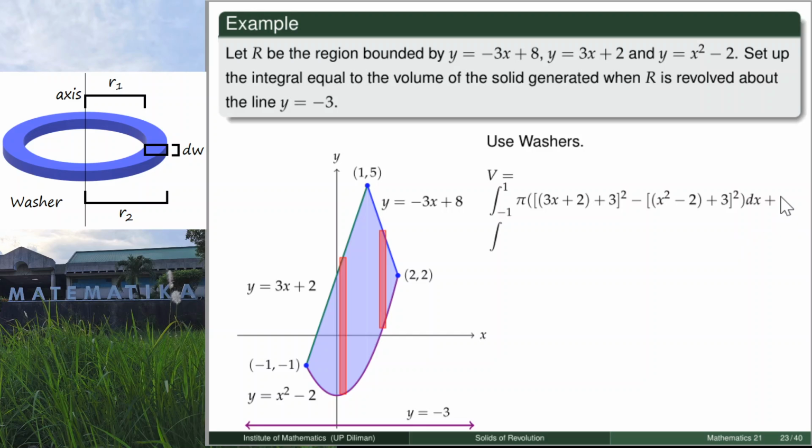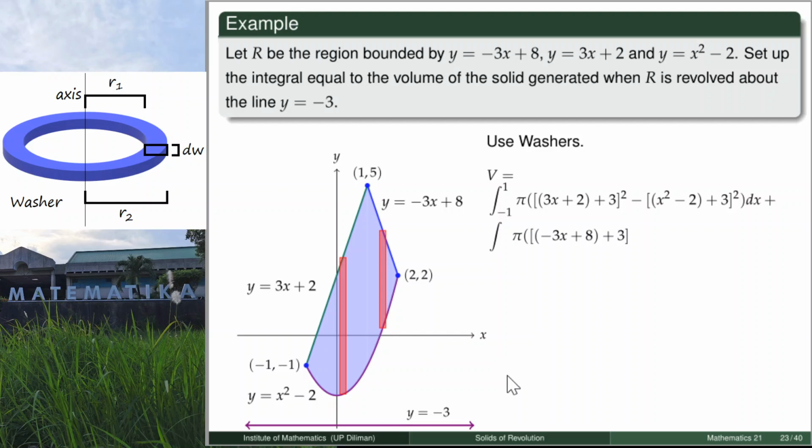Then plus, so next is the region from 1 until 2. Okay? So the second subregion. So in this case, our outer radius will change because iba na yung upper function here. So y up will be -3x plus 8. Okay? Minus -3.